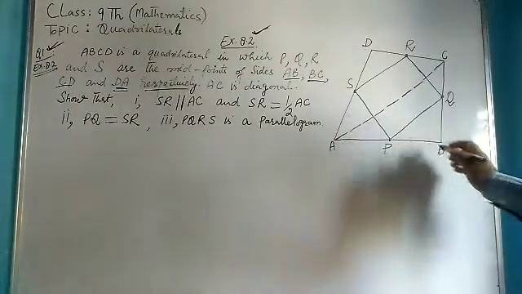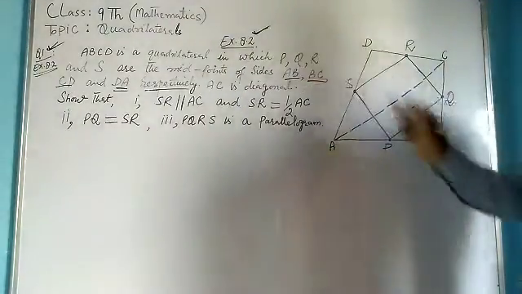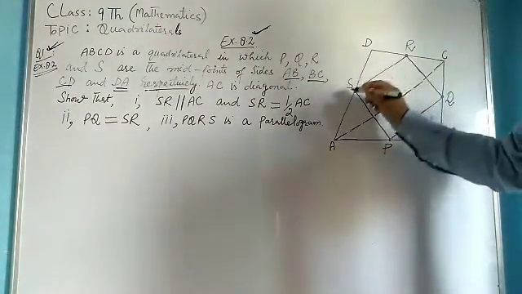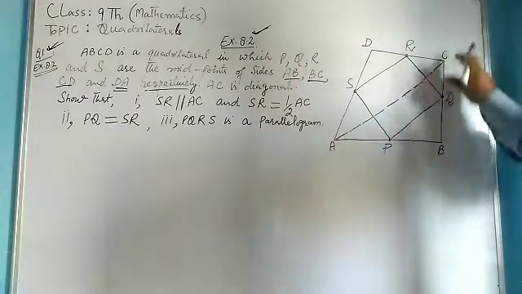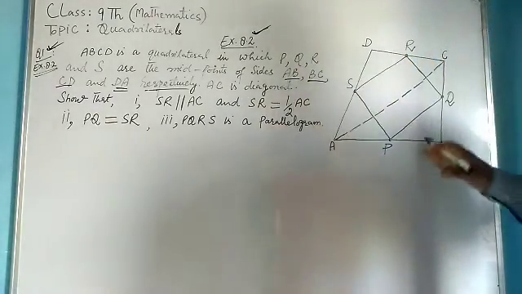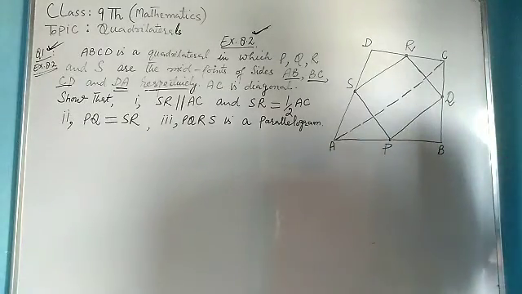So this is a quadrilateral ABCD in which P, Q, R and S are the midpoints of these four sides of the quadrilateral, and AC is one of its diagonals.